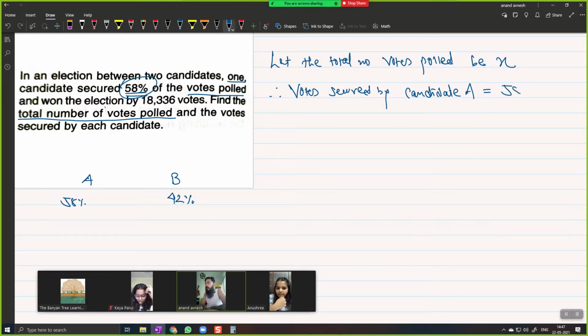So 58% of X, right? This is the votes secured, or he got these many votes. What should be the next statement? For B, what should be the statement? A vote secured by candidate B is equal to 42% of X.